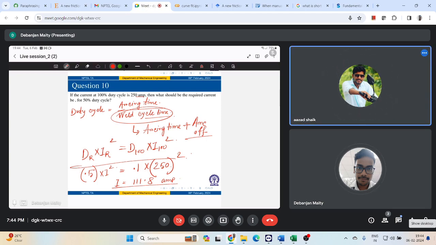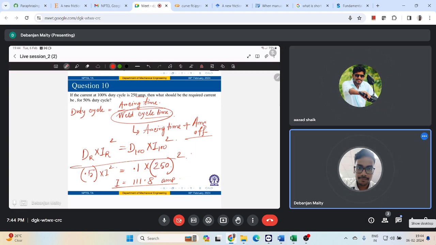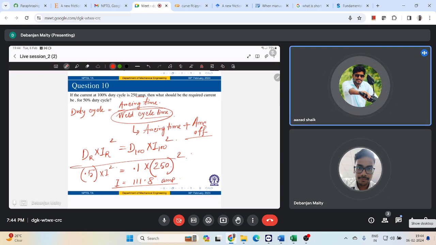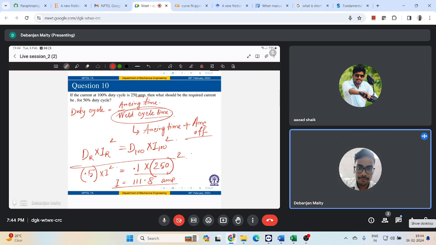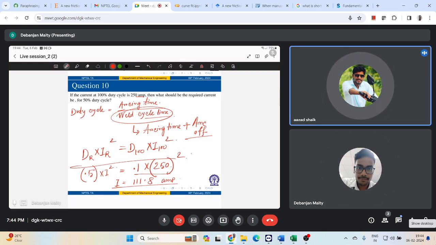It comes to 55.9. Actually, 250 squared, into 0.1, comes to 6250.